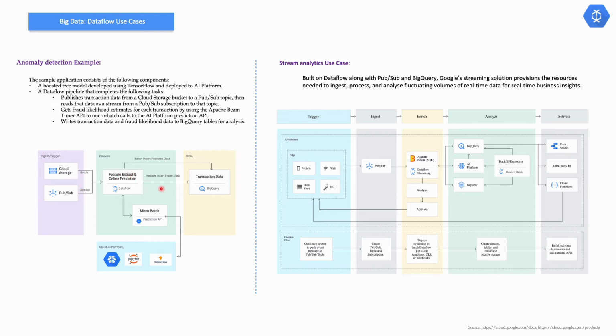So where you can use Dataflow is that you take the data from Cloud Storage, you put it into Pub/Sub, then you stream the data out, and for each one of the transactions, you call the prediction APIs to basically see whether it's a fraudulent transaction, and then you ingest that data or feed that data into BigQuery for much bigger analysis, and at the same time you can feed the entire transaction data to BigQuery.